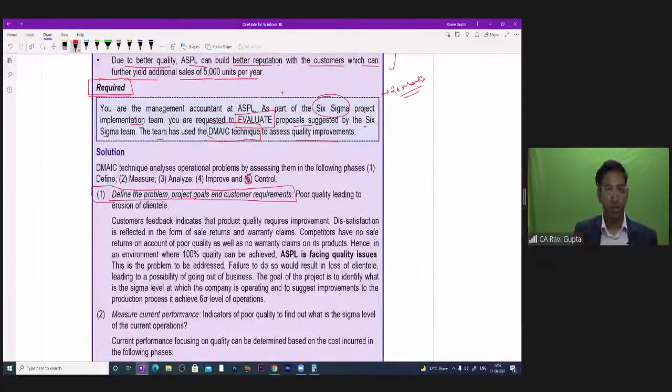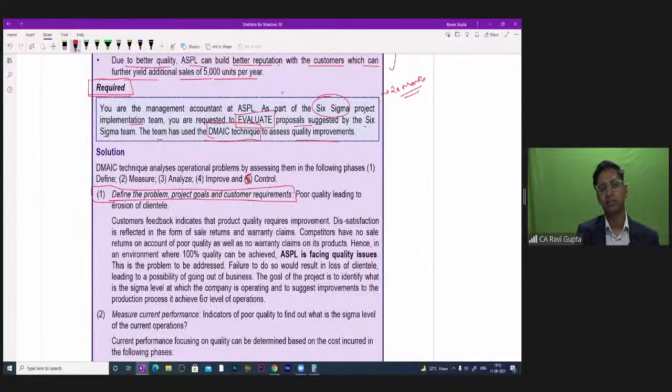So we are starting the solution, how we can plan. In this question I haven't planned. Let's plan how we have to write our answer. See, if this question is of 20 marks, and we have the 5 components of DMAIC, that is define, measure, analyze, improve and control, what we can do is categorize 4 marks each.